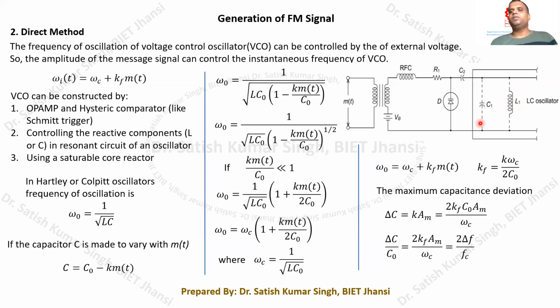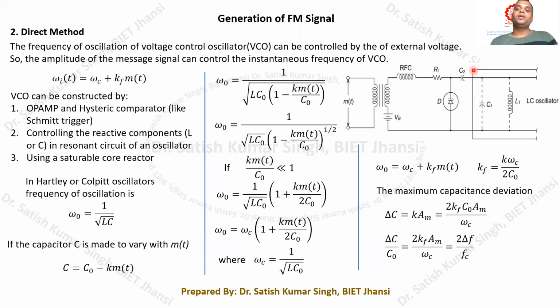In this circuit we have another capacitor connected, which is also called the DC blocking capacitor. At radio frequencies it acts as a short circuit, so it does not take part in the frequency of oscillation.